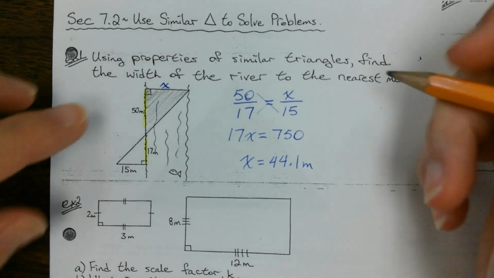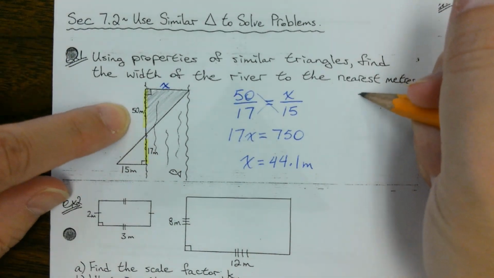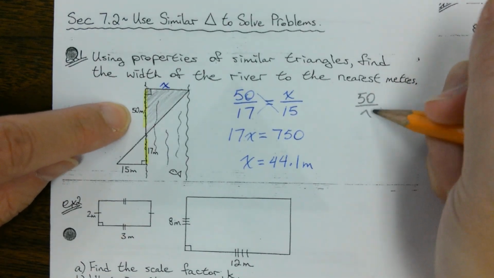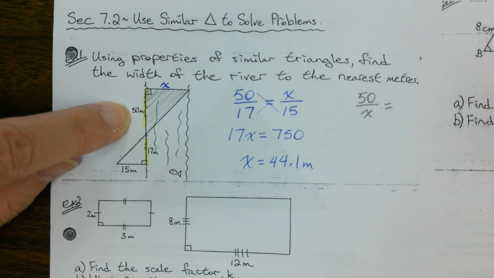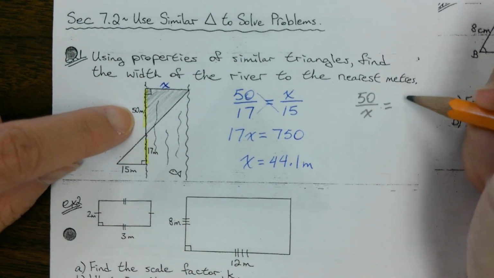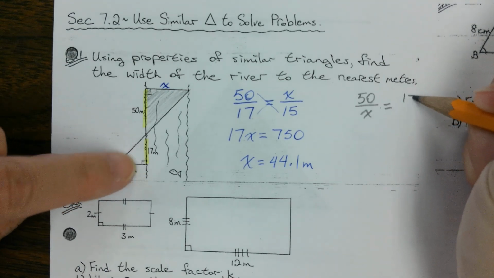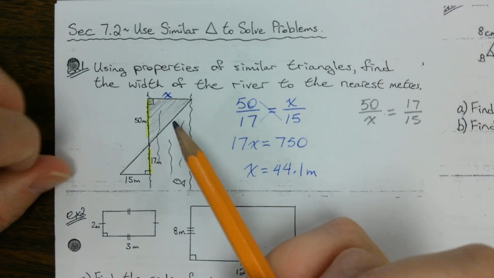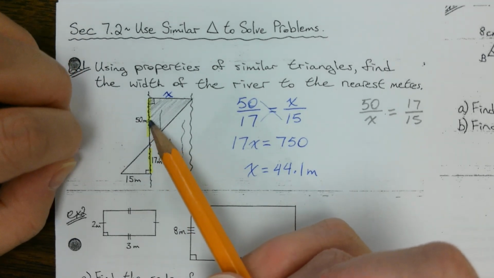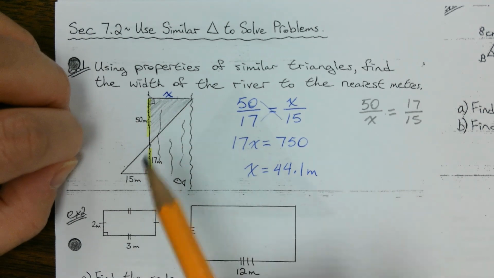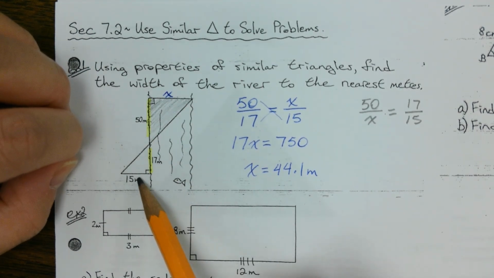Similarly, Kelly said this as well. At the beginning, when I said 50 over, she told me 50 over x. You can write it like this as well, and then this would be 17 over 15. Because they hold the same ratio, you could compare within the same triangle, this length with the width, to the length with the width as well.